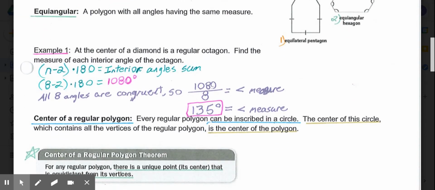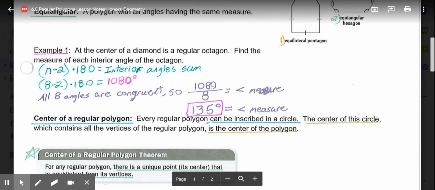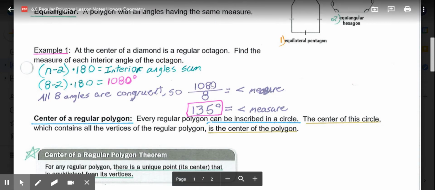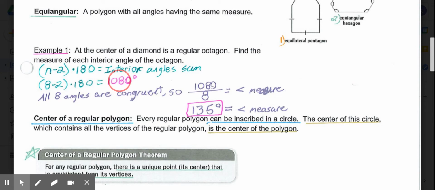So example 1 says at the center of a diamond is a regular octagon. Find the measure of each interior angle of the octagon. So if you remember, the interior angles formula is to take the number of sides minus 2 and multiply by 180. So 8 sides to an octagon minus 2 is 6. 6 times 180 is 1080 degrees.